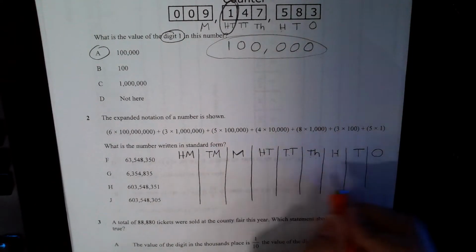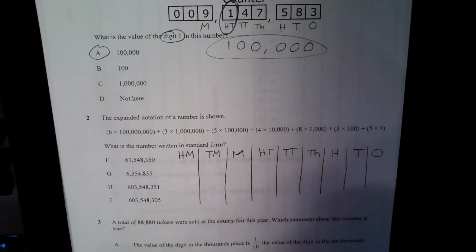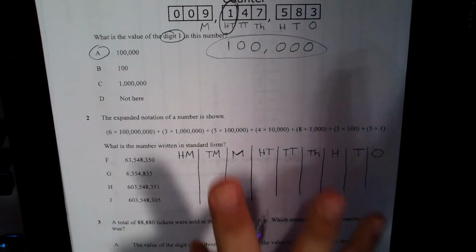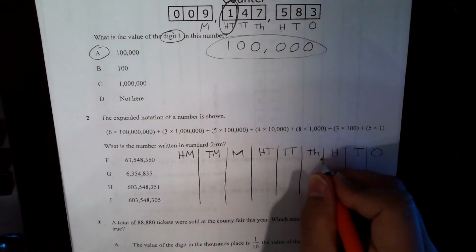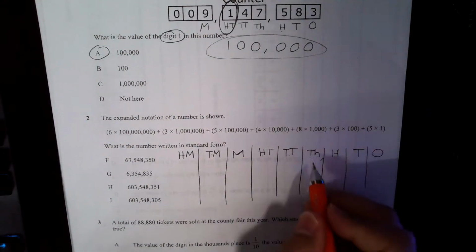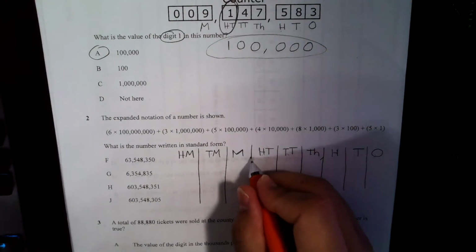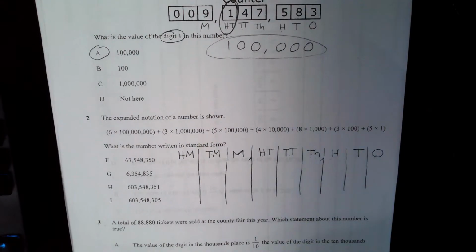And I can't forget my commas. Remember, I need a comma every 3 place values. It's always groups of 3. So 1, 2, 3, comma. 1, 2, 3, comma.